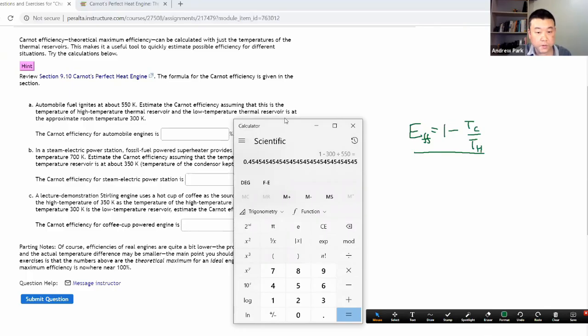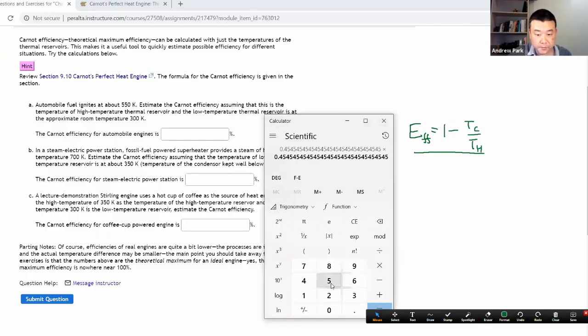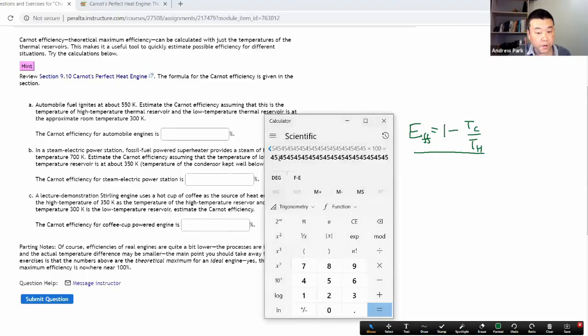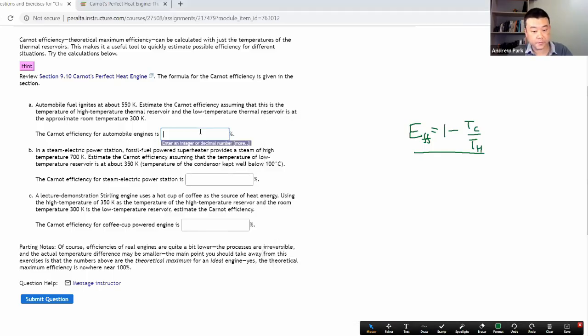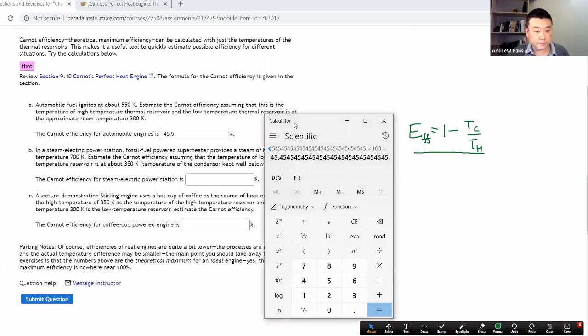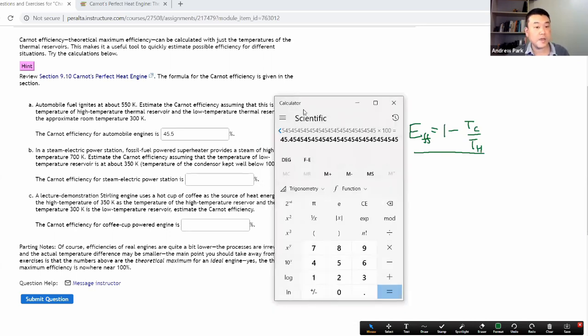Now the question wants the answer in percent, so let me multiply by 100, and I get 45.5. So even in the most ideal version of the automobile engine, it's only about half, 50% efficient.